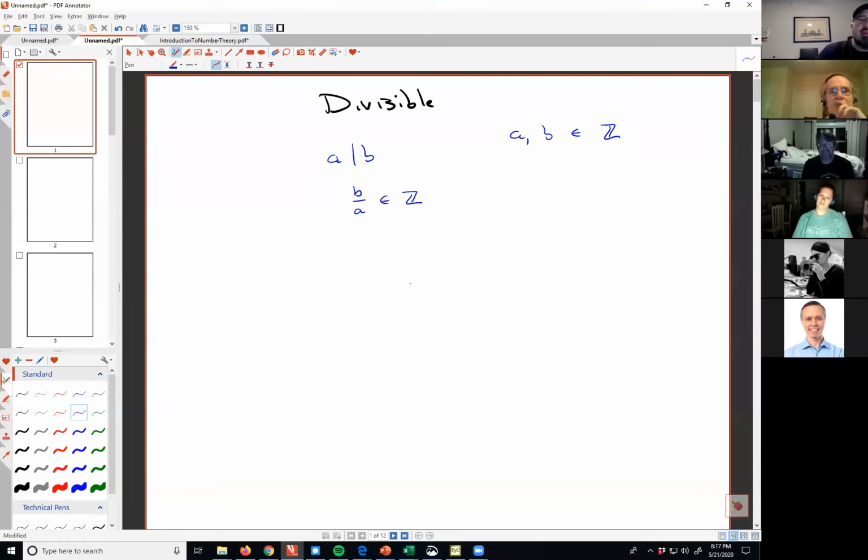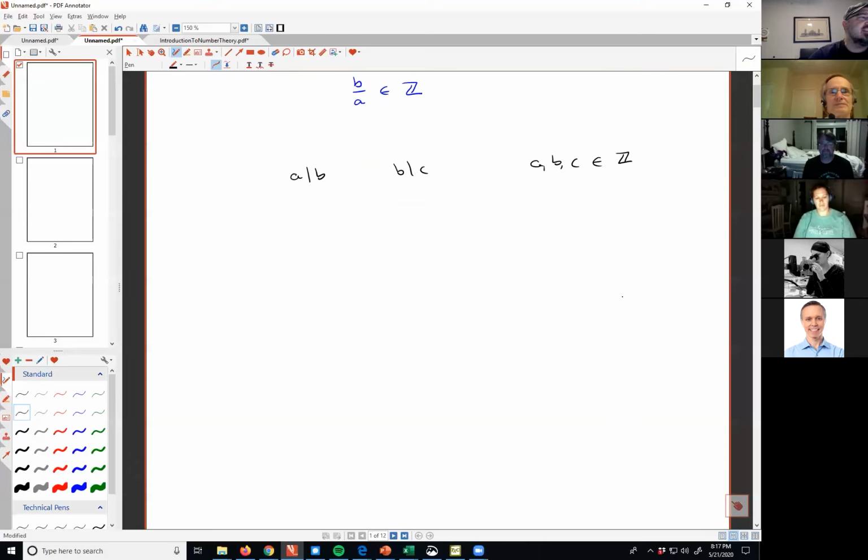And then something that we may notice intuitively is that if we have a couple of divisibility statements, if A divides B and B divides C, and I'll stop writing this at some point, but just write it a few times: if A divides B and B divides C, does A divide C? Well, by definition, B over A is an integer, and we can name that integer quotient 1, and C over B is an integer that we'll call quotient 2.